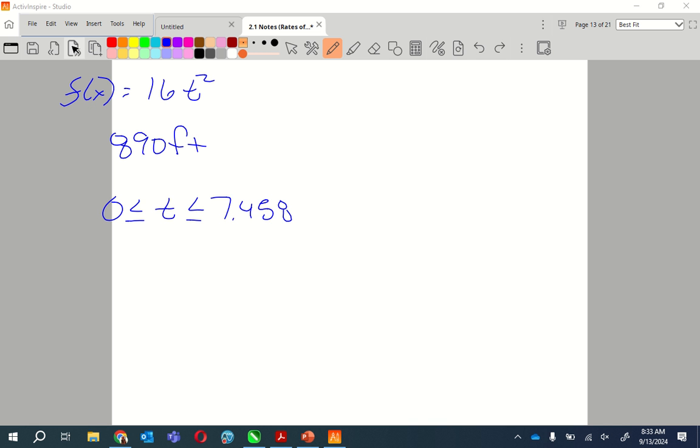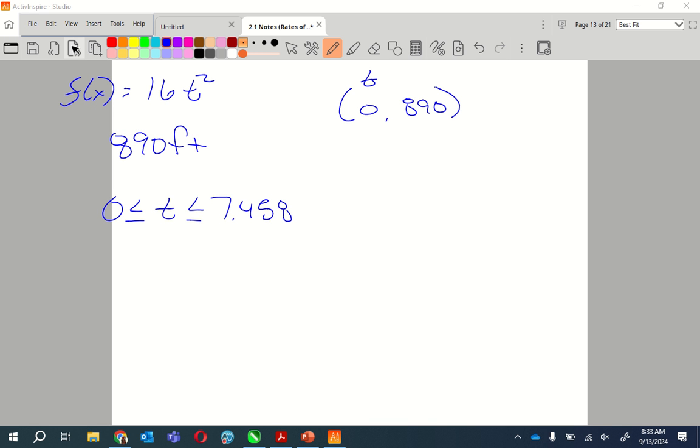Now, we have a couple things right here. Average, so we know that this is falling off a bridge, right? At 0 seconds, how high is this up? Yes, 890. So I can write that as a coordinate. For 0 seconds, I get 890.